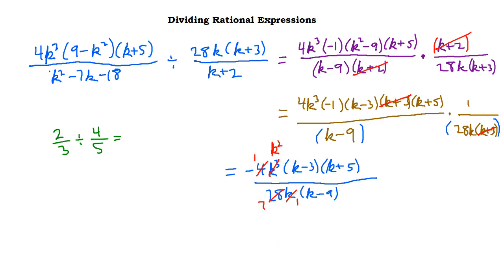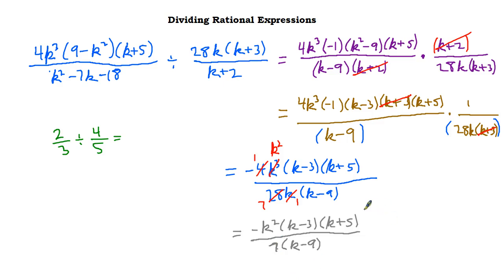It'll be negative k squared times k minus 3 times k plus 5, and that'll all be over 7 times k minus 9. And I'm going to box that.